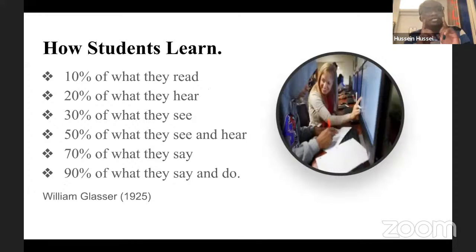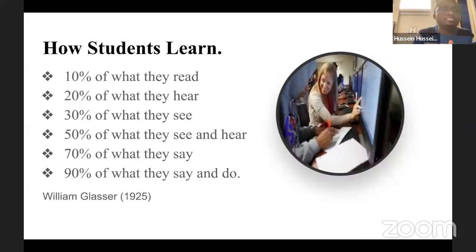So research show that 10% of students learn from what they read. Kwa watoto 10% katika darasa lako au katika maeneo yote, 10% ya watoto wanajifunza kwa kusoma kwenye jamii yetu. Anaweza akasoma na akapata kitu.